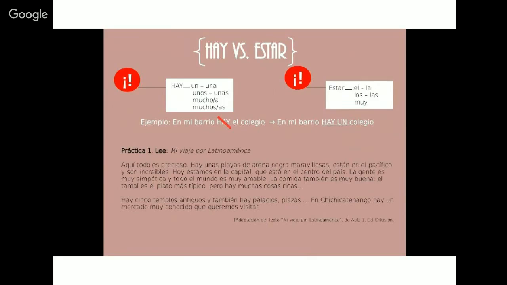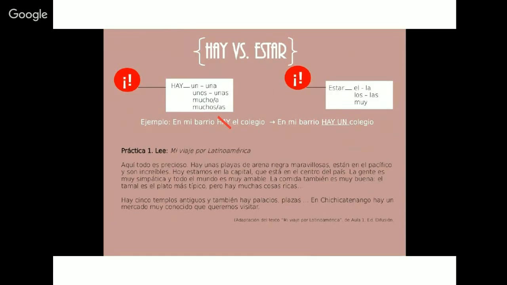Están en el Pacífico y son increíbles. Están en el Pacífico. So we're showing the location of these beaches that we mentioned before. Y son increíbles. We're speaking again about the characteristic of these beaches.